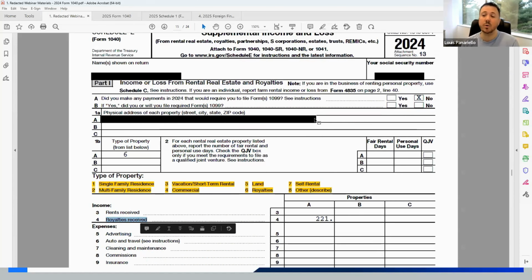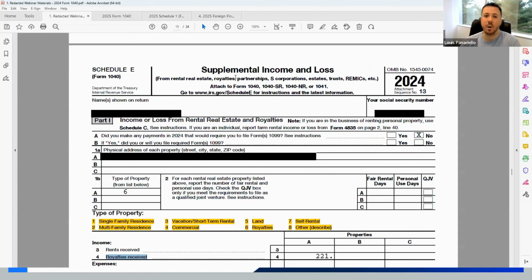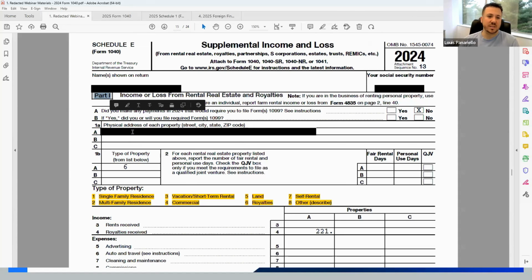If the taxpayer owns real estate, not their primary residence, but any rental real estate, the real estate and the income and the expenses associated with that real estate get reported on part one right here of Schedule E. So this is a nice little place to go to if you want to see what sort of real property and real estate is owned by the taxpayer.